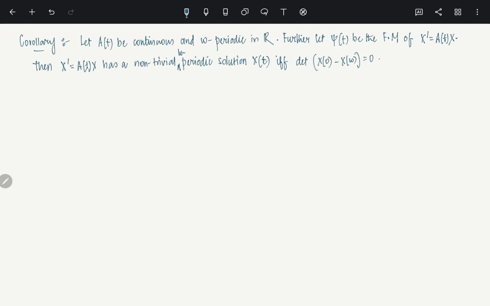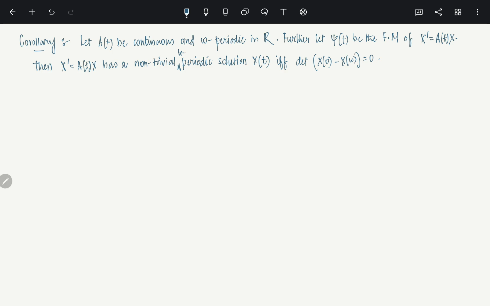Is this okay? Basically what it is saying is this: if A and B are periodic, let's just call those systems periodic systems. This corollary is not about the inhomogeneous problem but about the homogeneous problem. So let's say x prime equals to a of t times x is the equation given to us, and you have a fundamental solution psi of t corresponding to that.